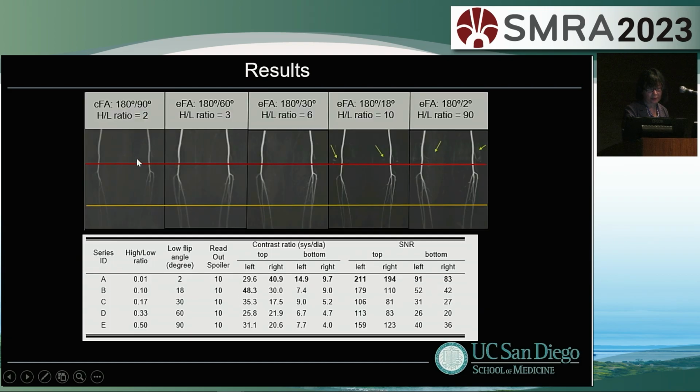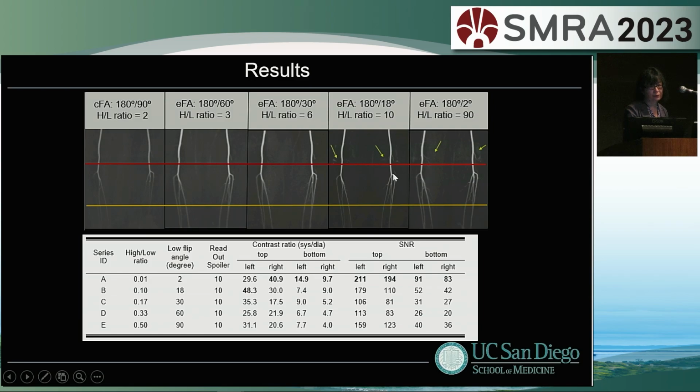So we studied different flip angles in the lower flip angle. So here is 90 degree, 60, 30 degree, 18, and 2 degree, and we measured the signal intensity on the upper side and the lower side. And you can see that the contrast ratio as well as signal to noise ratio show increased signal intensity using the lower flip angle.